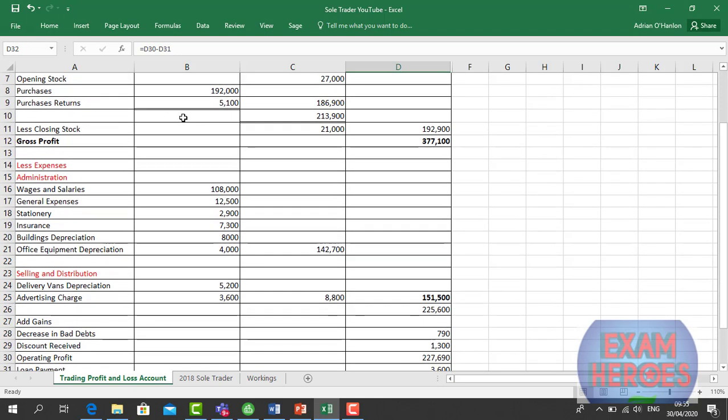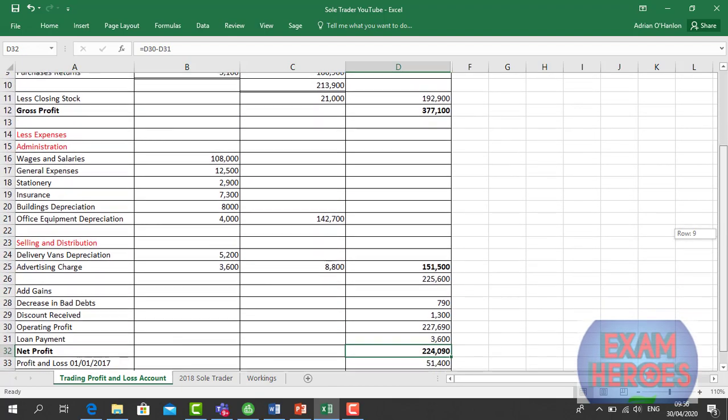Expenses then, you break them into administration and selling and distribution. Like for example, delivery vans, well, that's taking your goods out to customers, and your advertising charge as well. It's with selling your goods. So just be aware which expense goes into administration, which goes into selling and distribution.